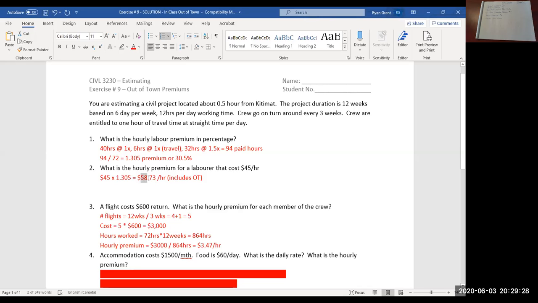So you've got this based on overtime and their travel time, and you would then add this amount to that to account for flights. It's $600 round trip. It's probably low, but that's the number that's in this example.